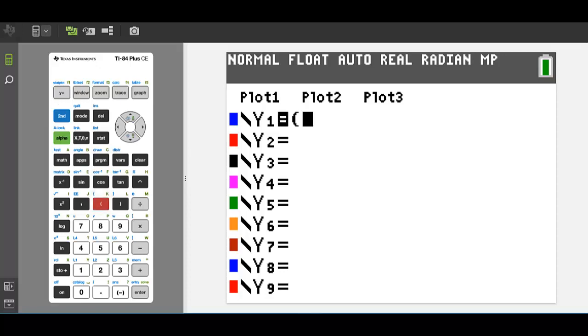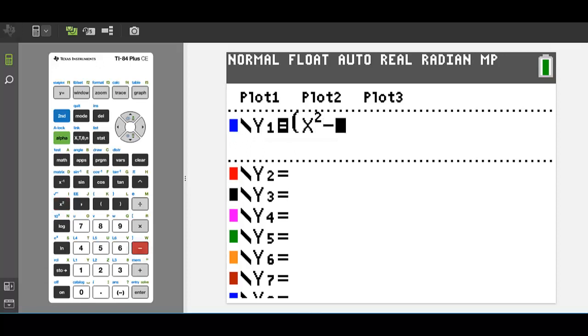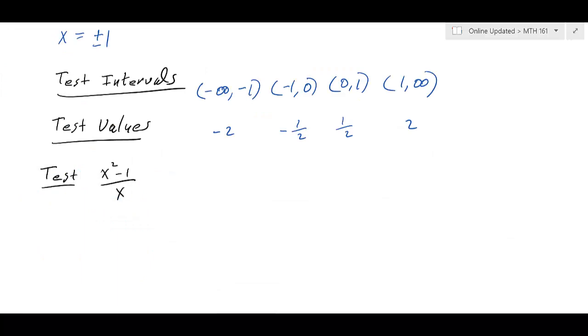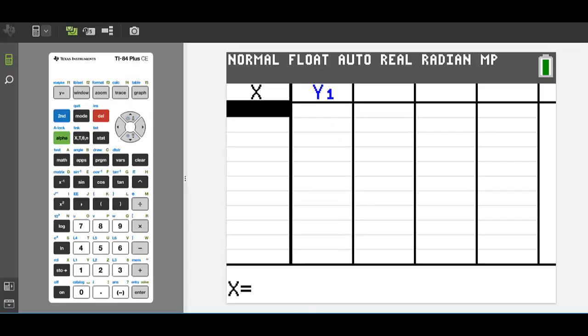I'm going to make sure I use parentheses here: x squared minus 1, close the parentheses, because it's the whole x squared minus 1 divided by x. And I'm going to go into the table. We need to plug in the values negative 2, negative 1/2, 1/2, and positive 2. So I'm going to quickly enter those values in.